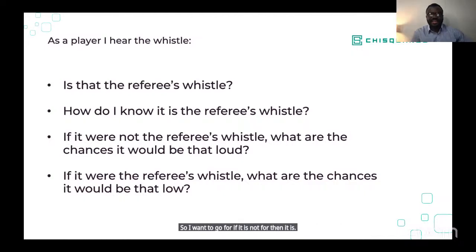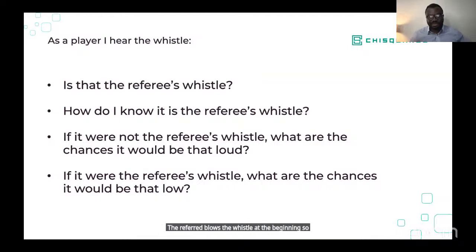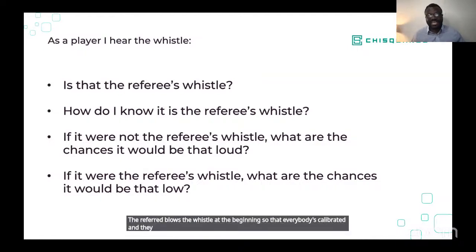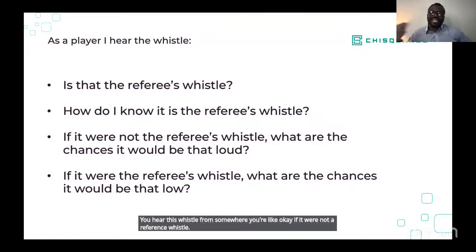Okay. So let's marry your answer with the original answer given by the last respondent. They said the referee blows the whistle at the beginning so that everybody's calibrated and they know what the referee's whistle sounds like. And then in the middle of a game, while you're just about to score, you hear this whistle from somewhere, and you're like, okay, if it were not the referee's whistle, what are the chances it will be that loud?